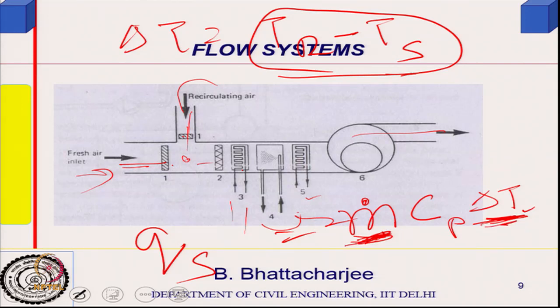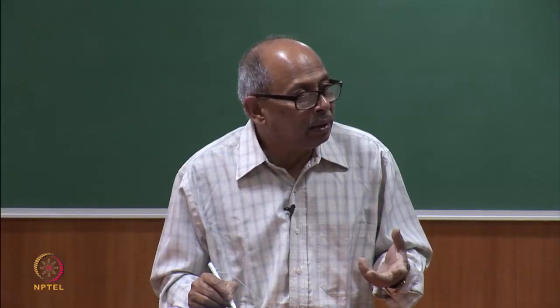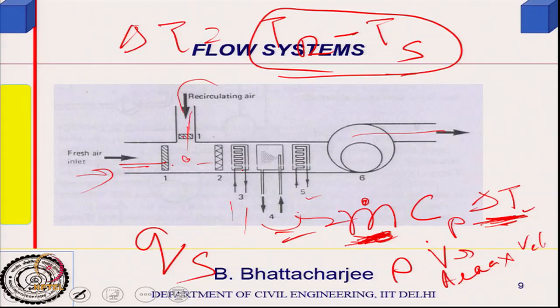This part has another aspect also, because this is a rate, which means m dot is nothing but rho into V dot, in meter cube per second, which is basically area of the duct multiplied by velocity.